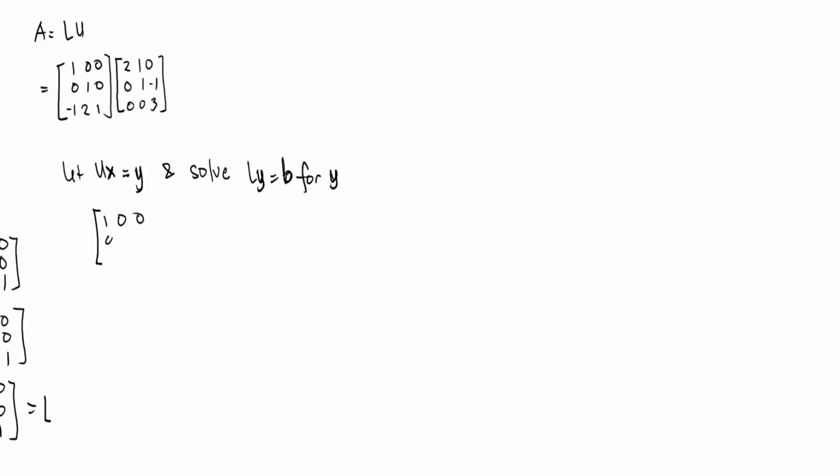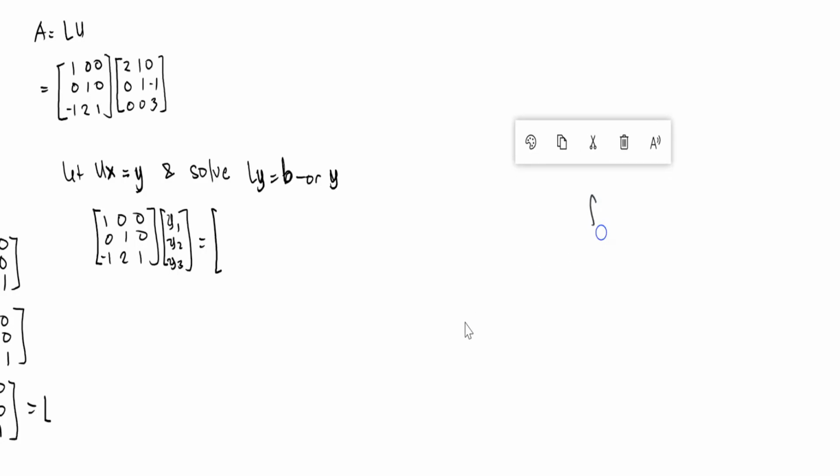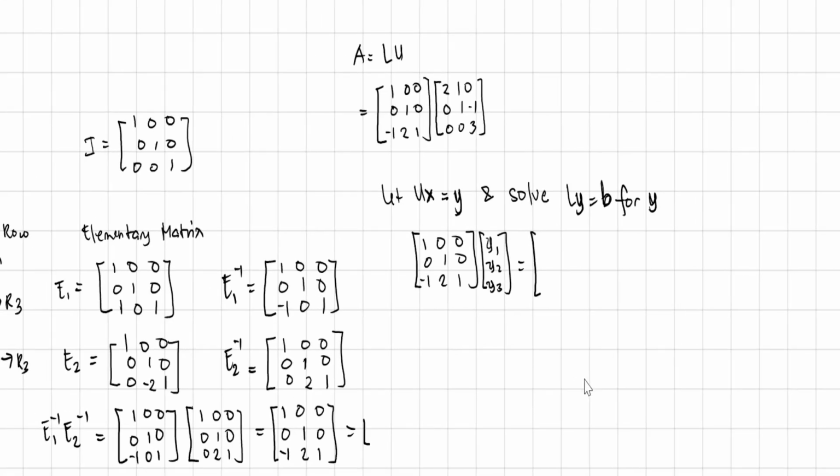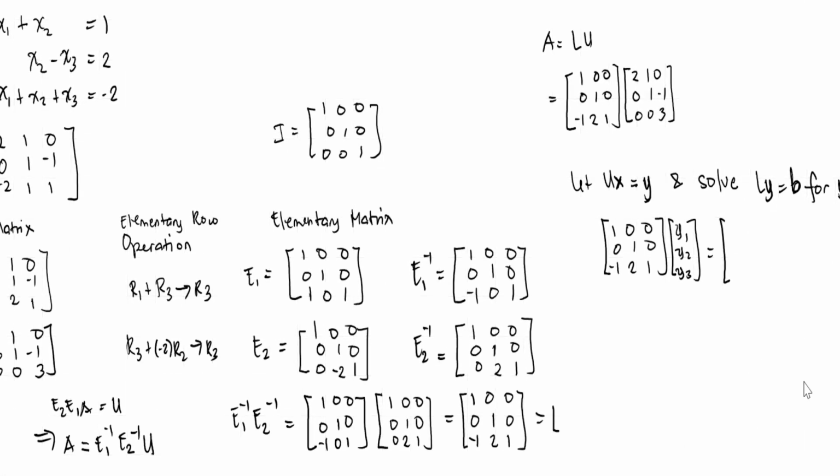We have 1, 0, 0, -1, 2, 1. We multiply it by y. So we have y sub 1, y sub 2, and y sub 3, which is equal to our b. We have 1, 2, -2.